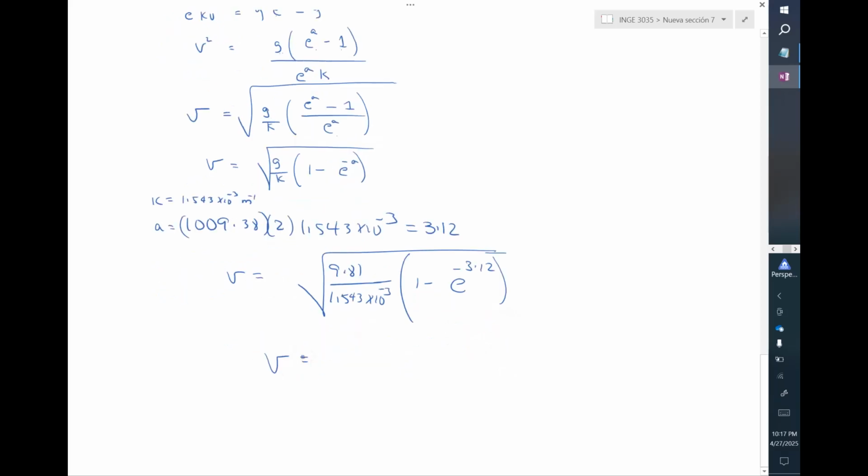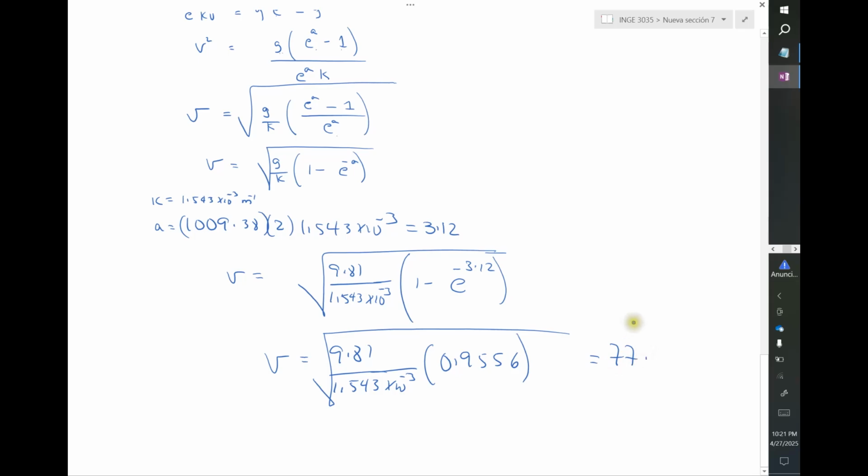So V equals... So the final velocity is 77.94, I would say basically about 78 meters per second.